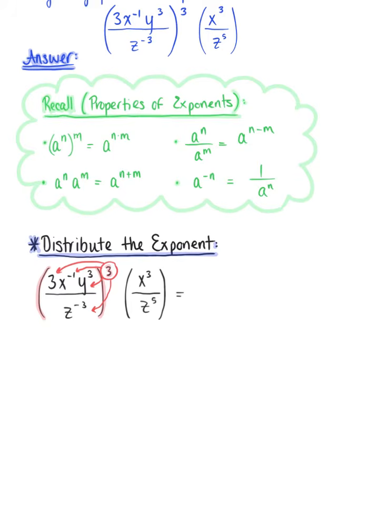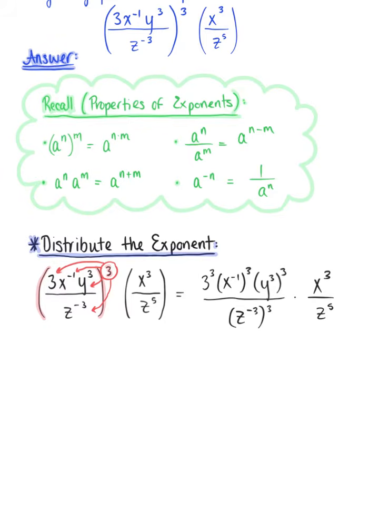So we can rewrite this as 3 cubed times x to the negative 1 cubed times y cubed cubed, and this is all divided by z to the negative 3 cubed. And that second expression will stay as it is, y cubed over z to the 5th power.